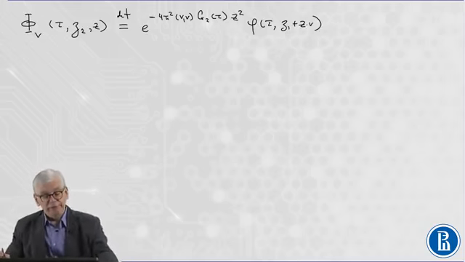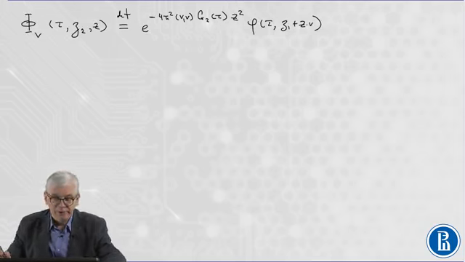This is the automorphic correction. And now the main property of this automorphic correction is the following.